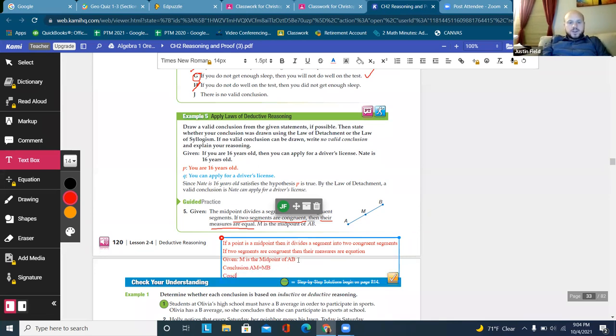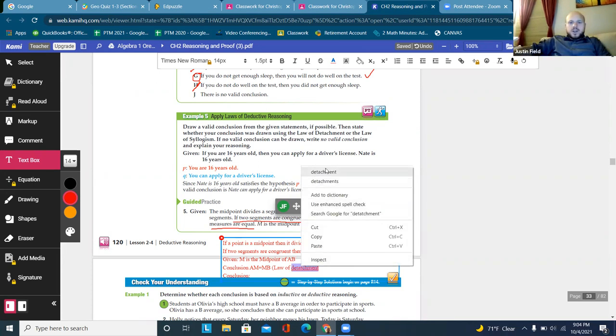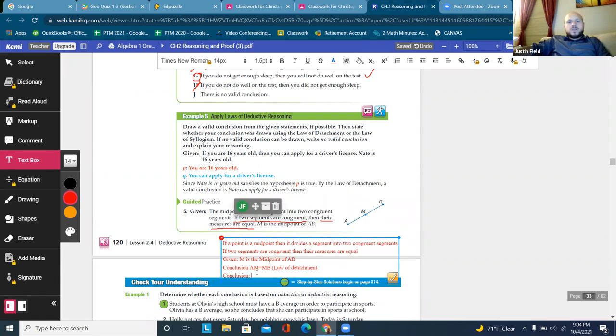But then we can also draw, and we can write law of detachment. We can also draw another conclusion using the law of syllogism. Oh, I kind of just did the law of syllogism, didn't I? Because I said their measures are equal. Okay.